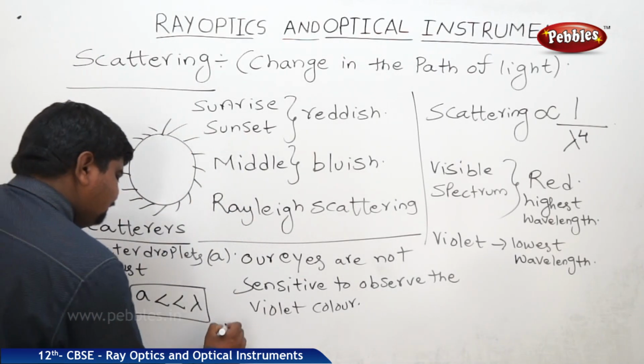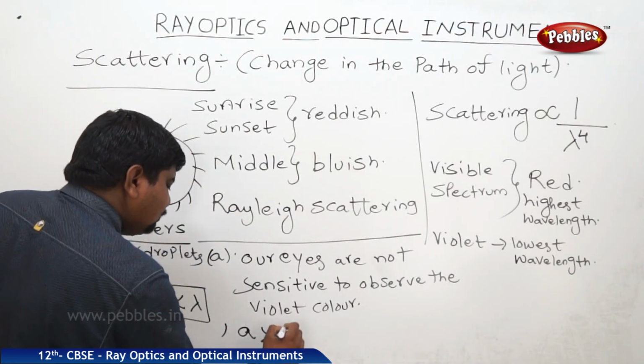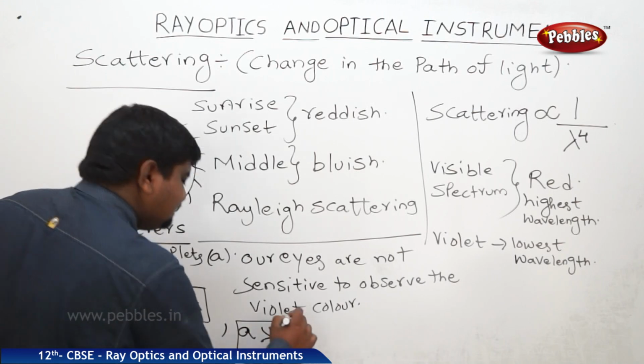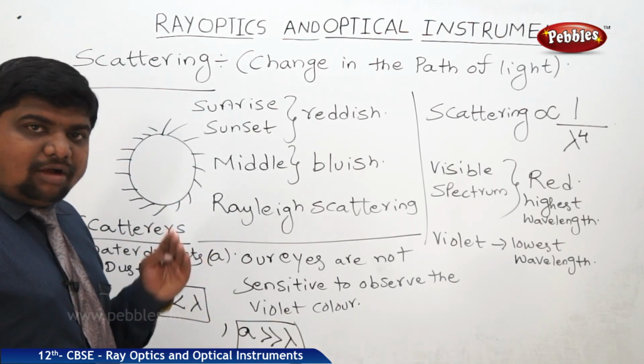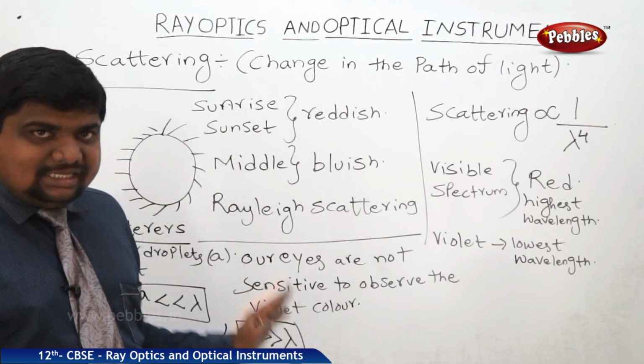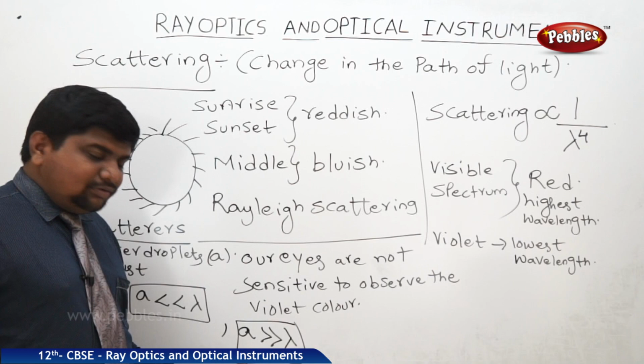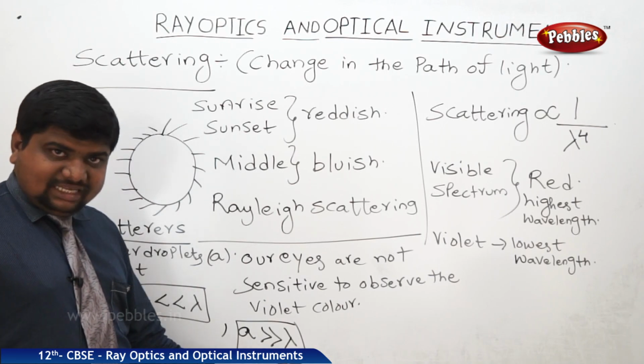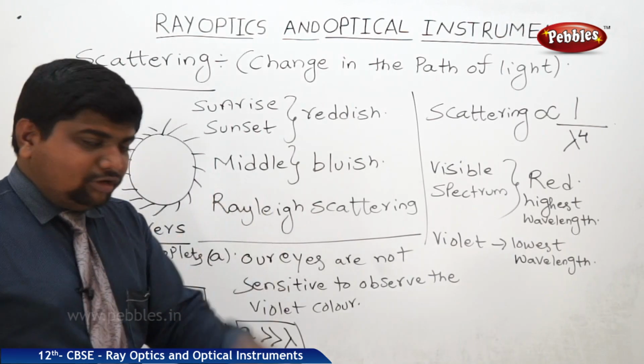But if the scatterer size is much more than the wavelength, then those objects will appear white, meaning no scattering will take place. That's why, since the size of the clouds is more than the size of the wavelength, clouds appear white.